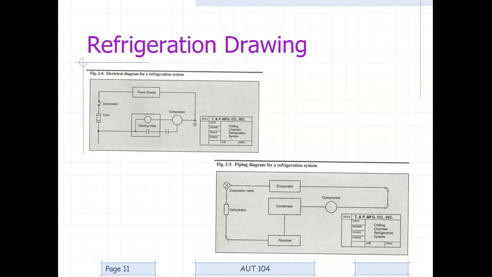That symbol right there, that's a disconnect, aka a switch. If I see the switch, it's got to be electrical. And generally a fuse is not drawn. The symbol for a fuse is this little snaky thing.